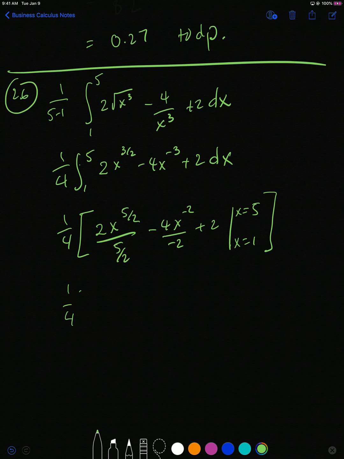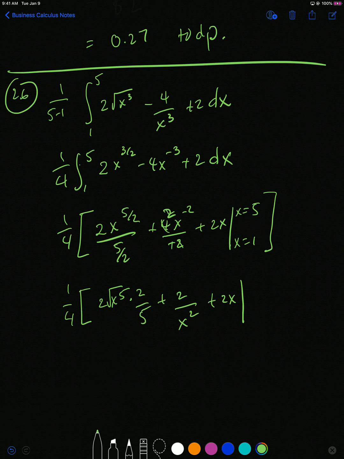That's 1/4 times 2x to the 5/2 times 2 over 5, the reciprocal, plus the negative signs cancel out, 2 over x squared, plus 2x. And I have to plug in 5, plug in 1, and subtract.